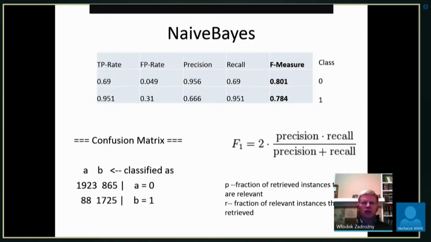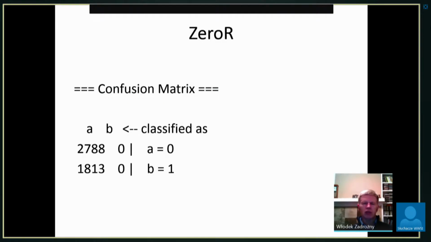Okay, so this gives us the baseline, which looks like this, with appropriate F measures. And now let's look at the same data, but classified by the naive Bayes classifier.